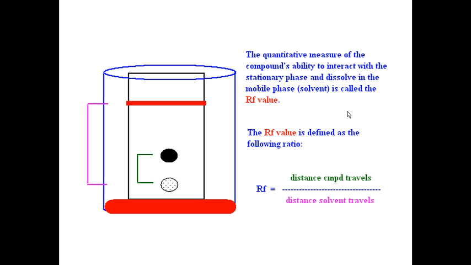The RF value is simply the ratio of the distance that the compound traveled over the distance that the solvent traveled during the development. And we usually measure this with a ruler. Typically you'll measure from the start to the center of the dot, and then the solvent line you mark as you pull the TLC plate out of the developing jar. You immediately mark how far the solvent moved up.